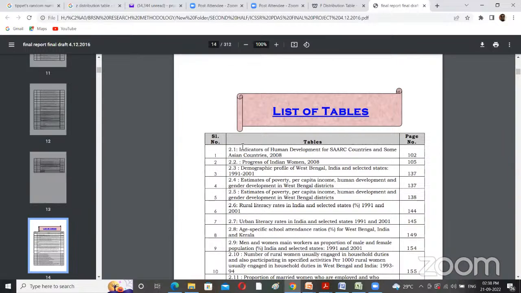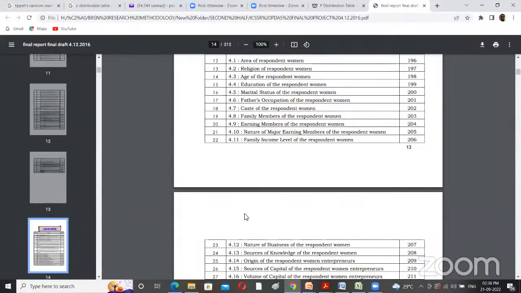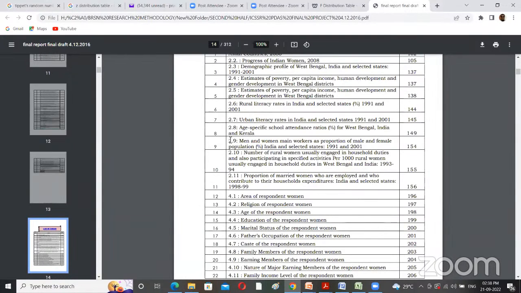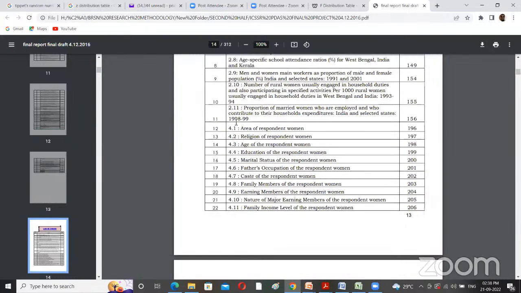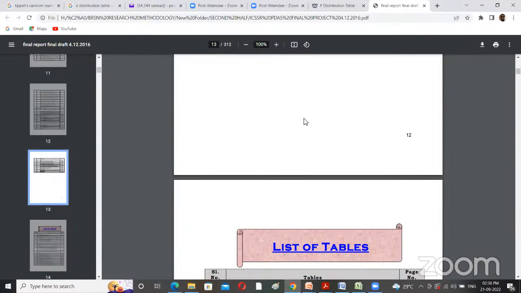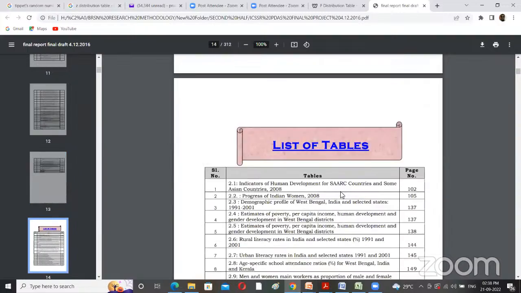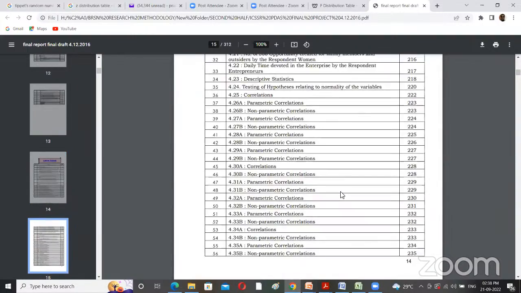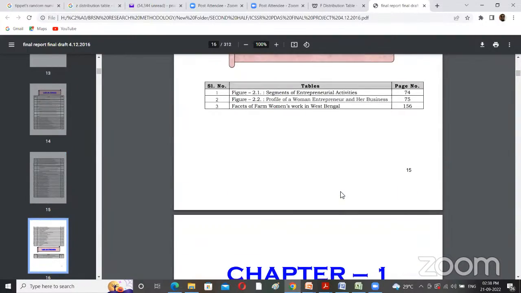That means within chapter 2 there are 11 tables, and then in chapter 3 there is no table. In chapter 4 there are different tables like 4.1, 4.2, etc. So these are the styles which make the thesis unique, different from the textbooks.